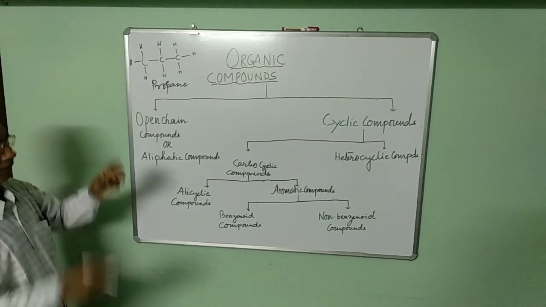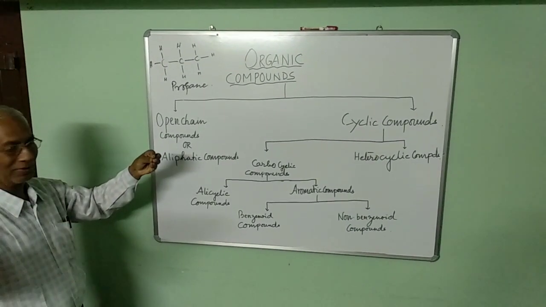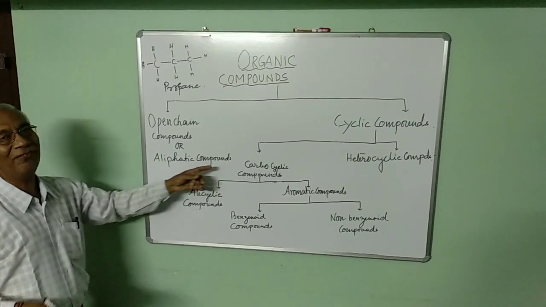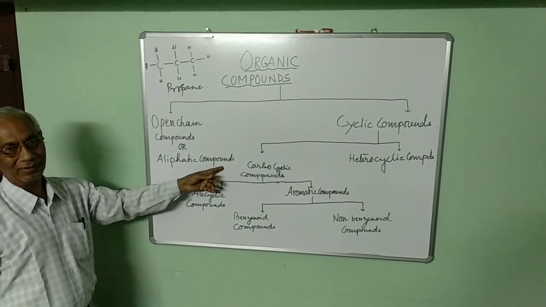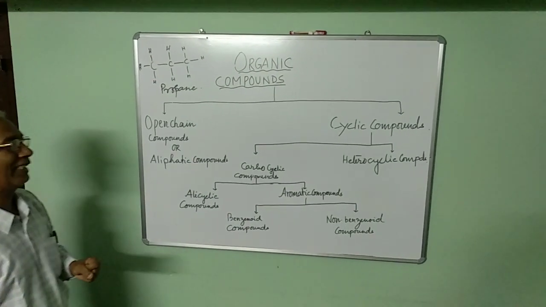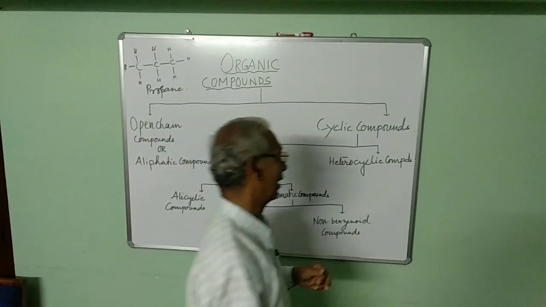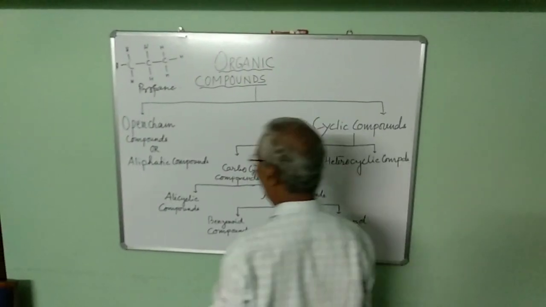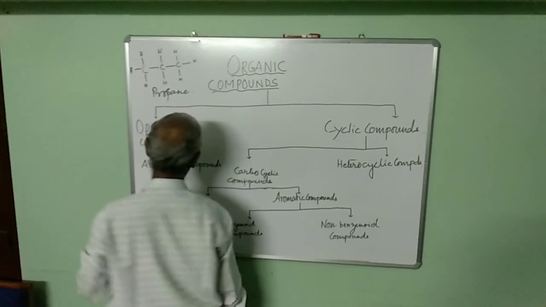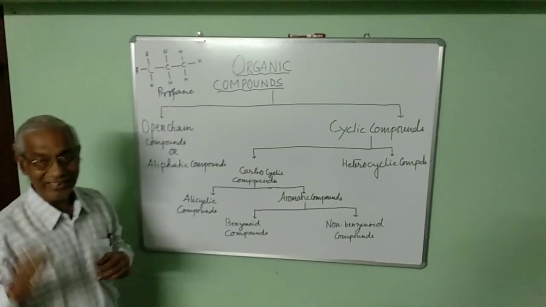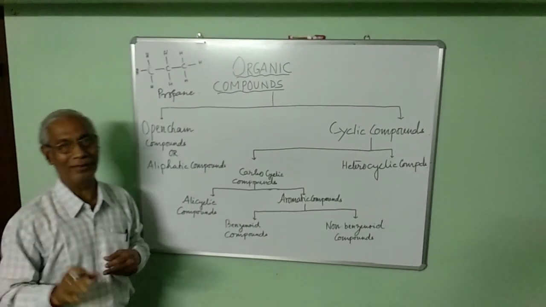Now, open chain compounds are said to be aliphatic compounds. Why has the name aliphatic compounds been given? The Greek word aliphar means fats and oil.